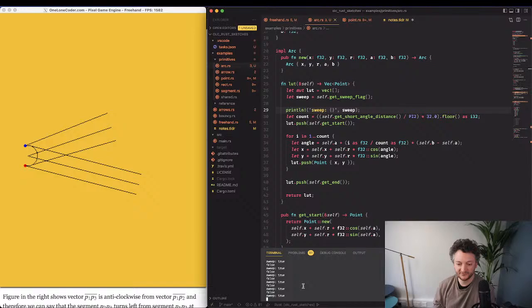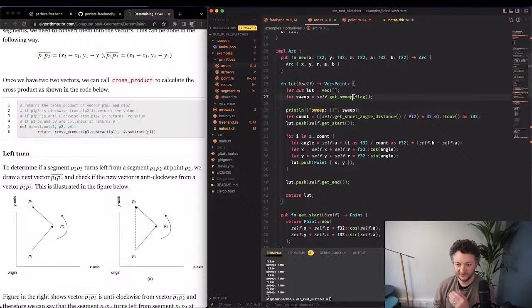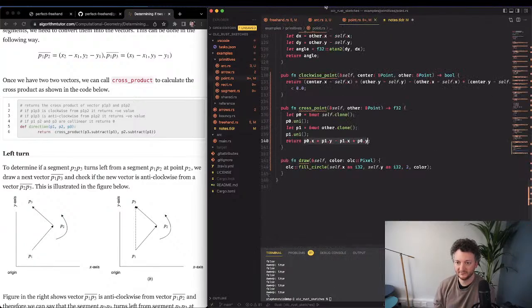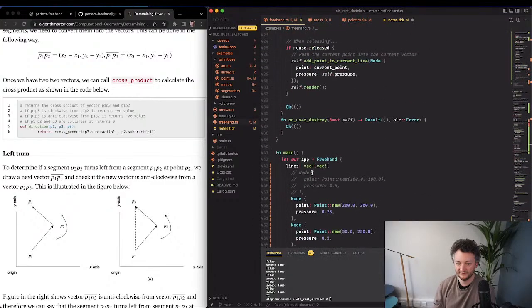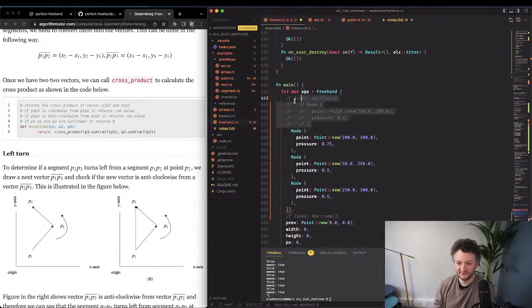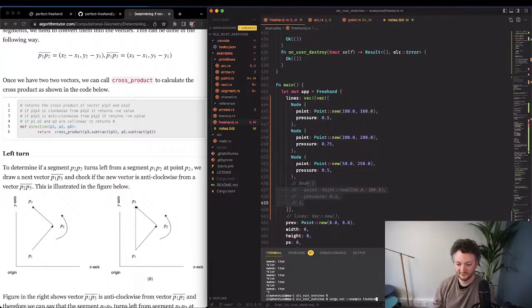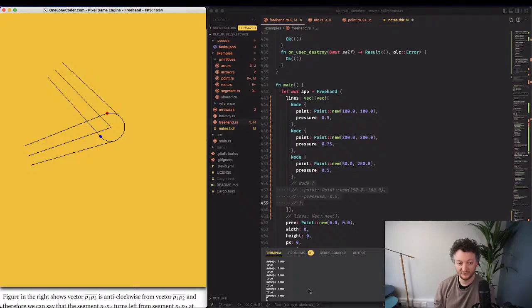So here the sweep is true. Let's say if it is the other way, would the sweep be false? If it's just these three instead. No, the sweep is still true.